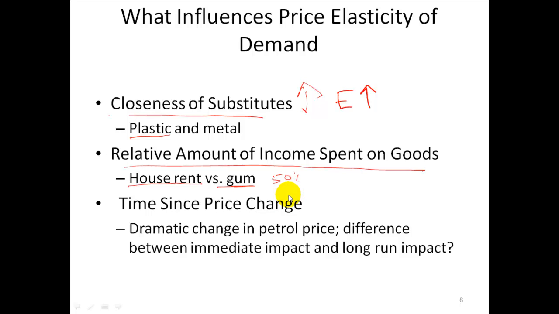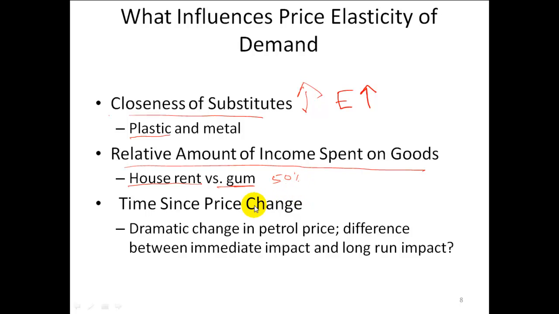The answer obviously is that it will not impact the demand too much, which makes the demand for gum rather inelastic. Only a very small percentage of your income gets spent on gum, so changes in price do not impact demand very much. Hence, the demand curve for gum is relatively inelastic.